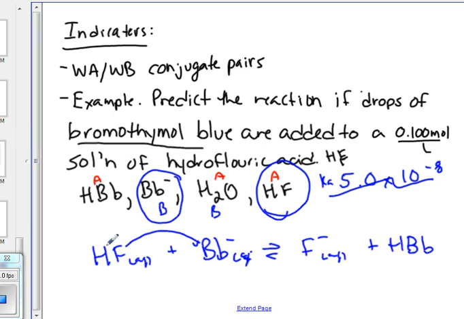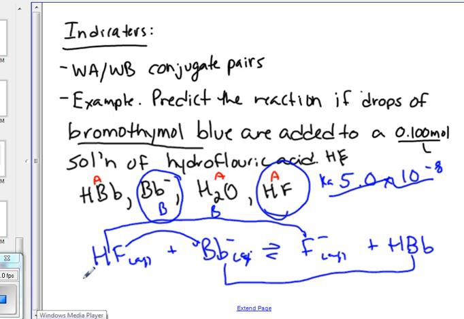So we have our conjugate pair here and a conjugate pair here. If the question asks you to identify the color of solution, the hydrofluoric acid is colorless and the fluoride ion is colorless. So that's not going to impact the color of the solution.